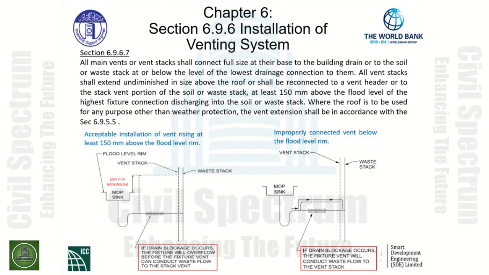Rather than flowing through into the waste stack, the blockage will force the water to rise up vertically and enter the vent pipe, thus discharging downward into the vent stack. This is not permitted, and this is an example of an improperly connected vent below the flood level rim.